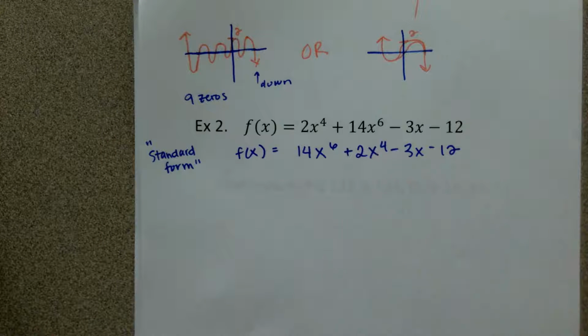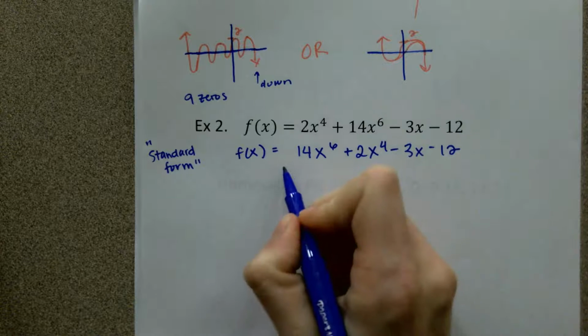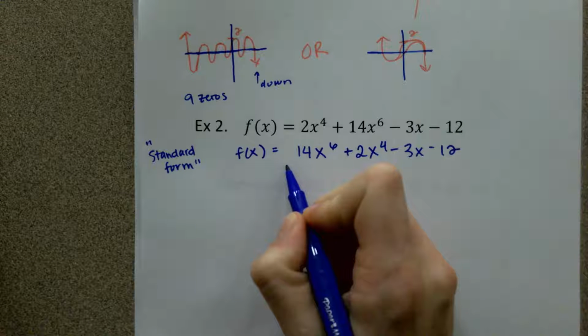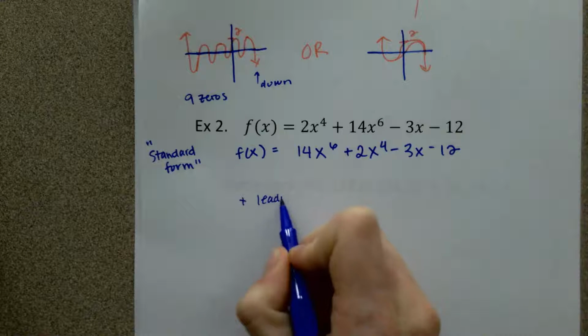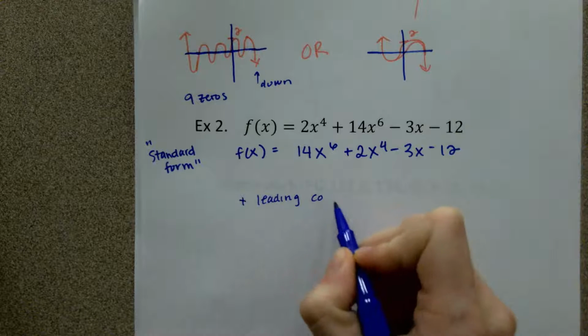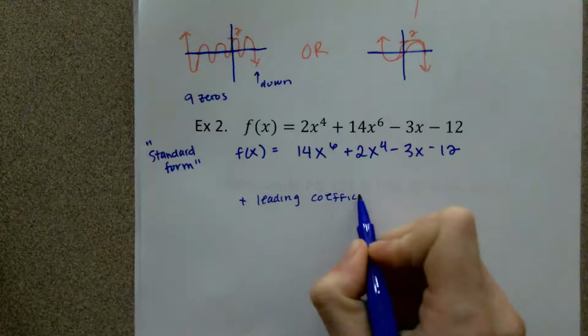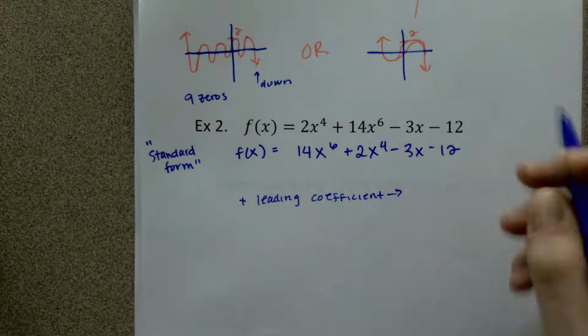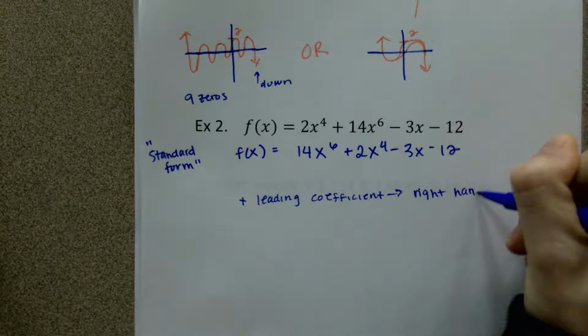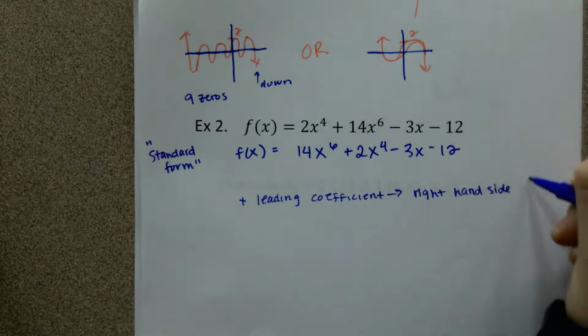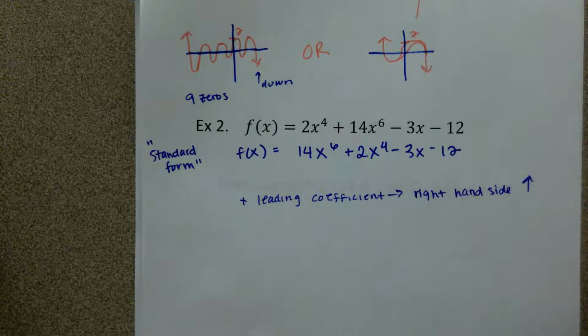All right, so for this, we have a positive leading coefficient. So we know that my right-hand side is increasing or going up.